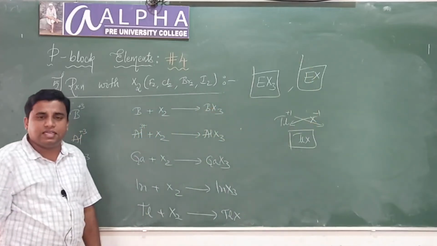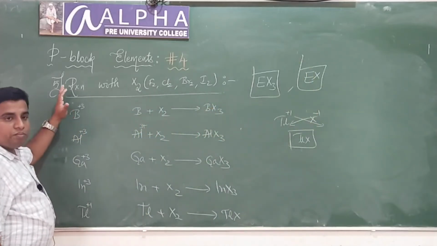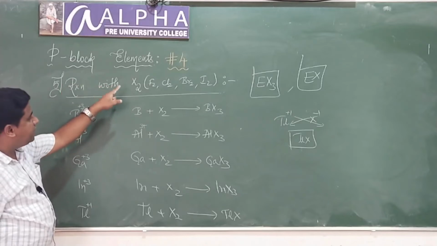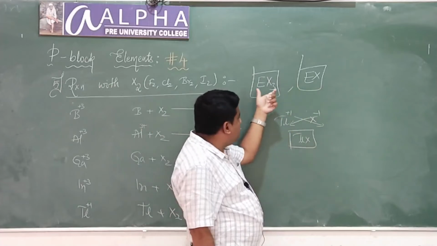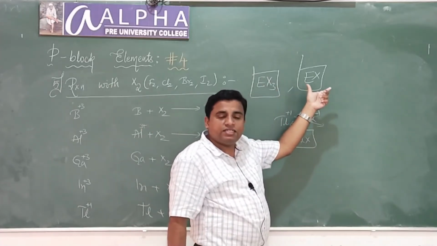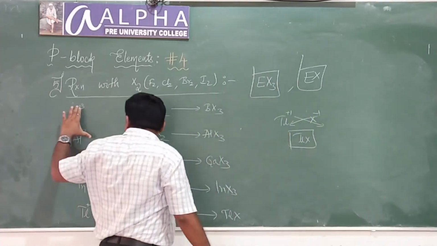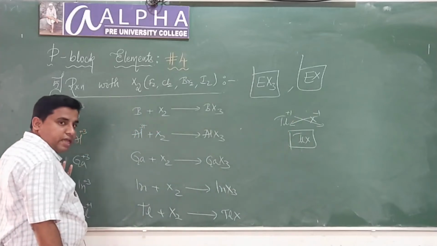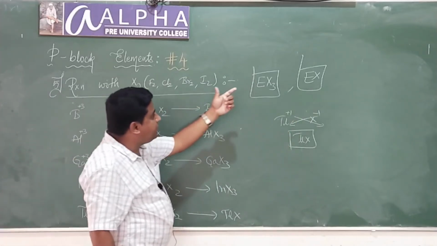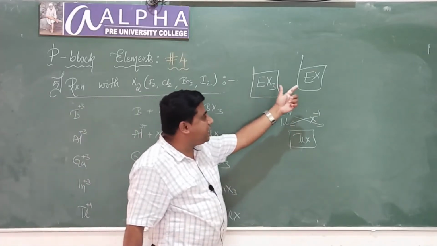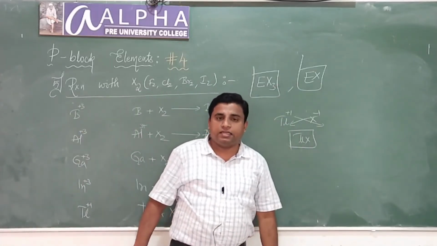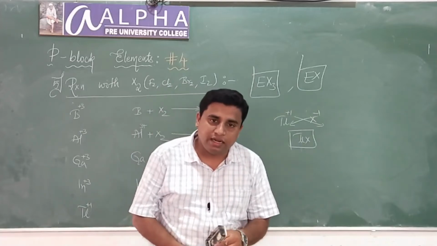So boron family elements react with halogens to form two types of halides. One is EX3 and the other one is EX. Boron to indium form halides of the type EX3, whereas thallium forms a halide of the type EX. Any doubts with this?